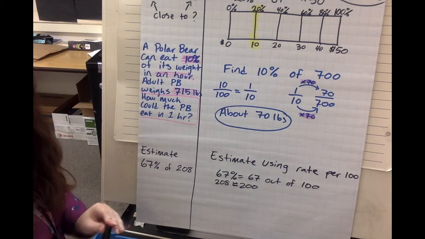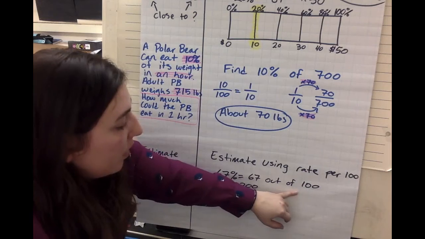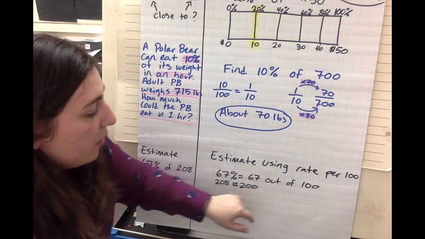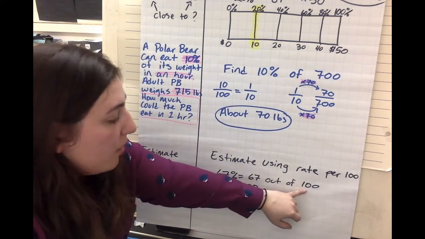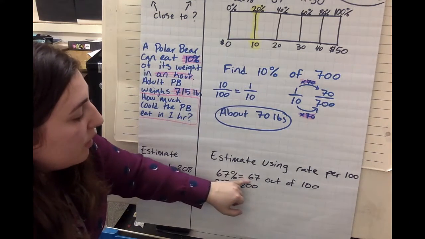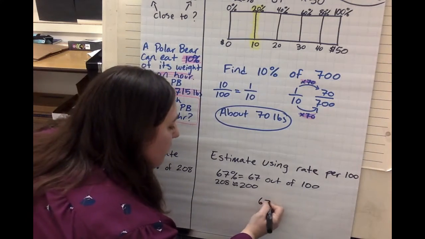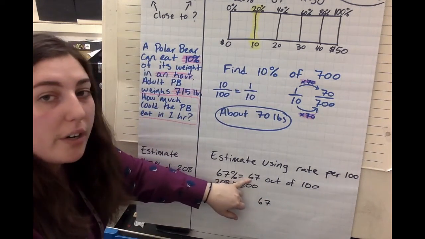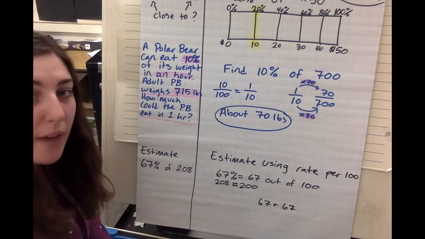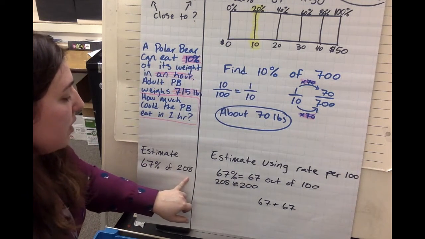Okay. Now, I know that 67 out of 100, that's one of our rates. So a rate per 100, 67 per 100, and we have 2 hundreds here. So if I just do, well, 67 per 100, that's for 100. And 67 for another 100, that takes care of both of our hundreds. So we have 200 here, and we want to know 67% of 208.